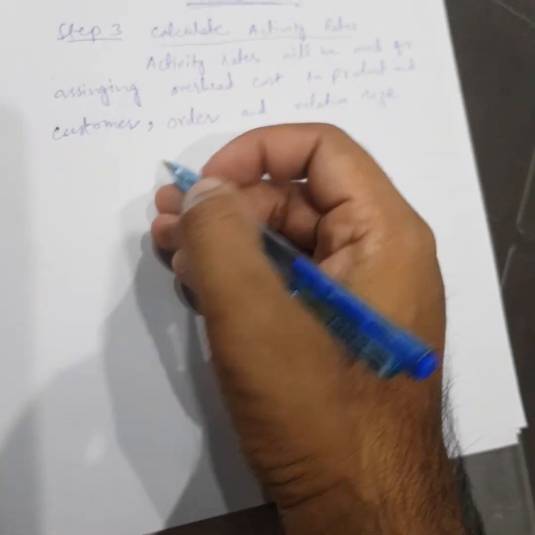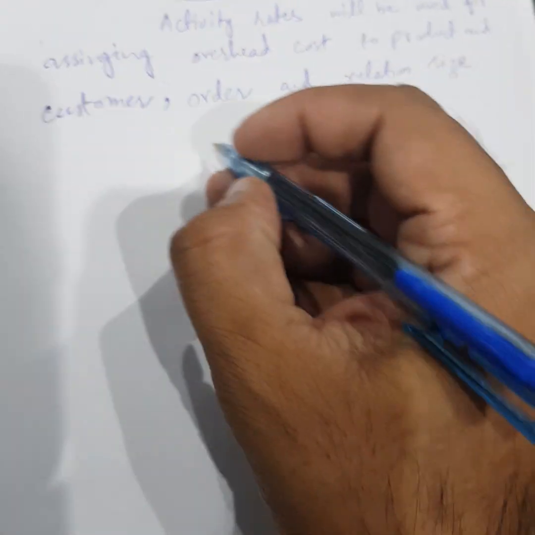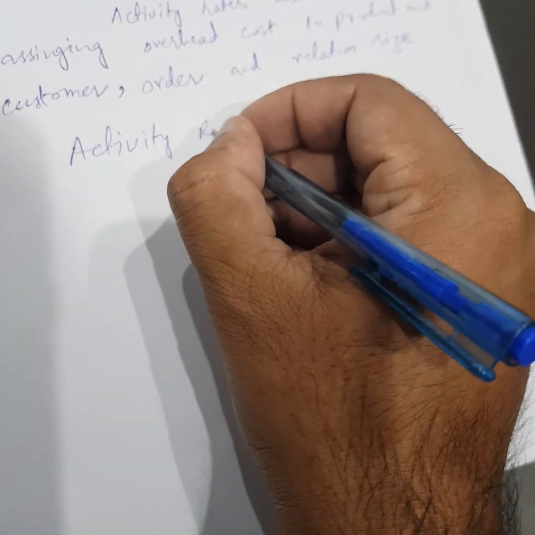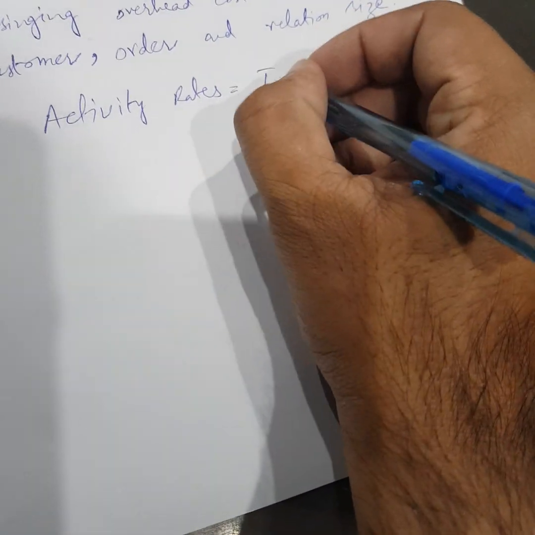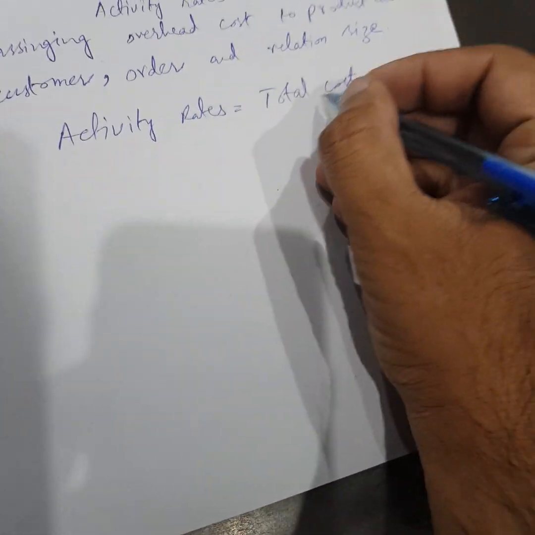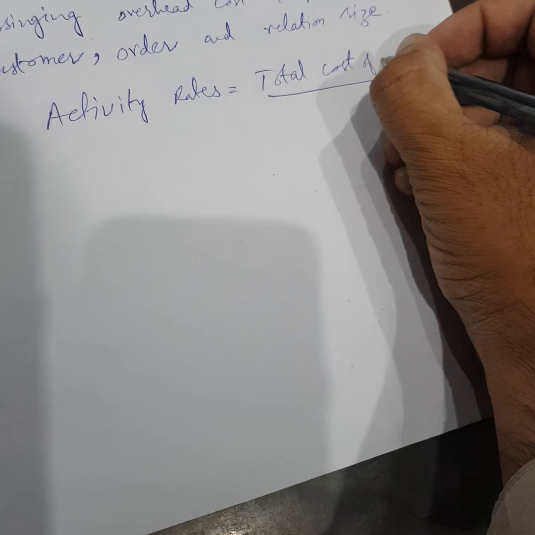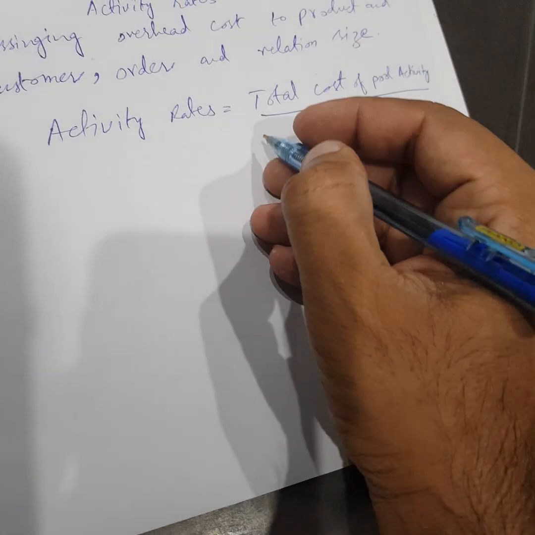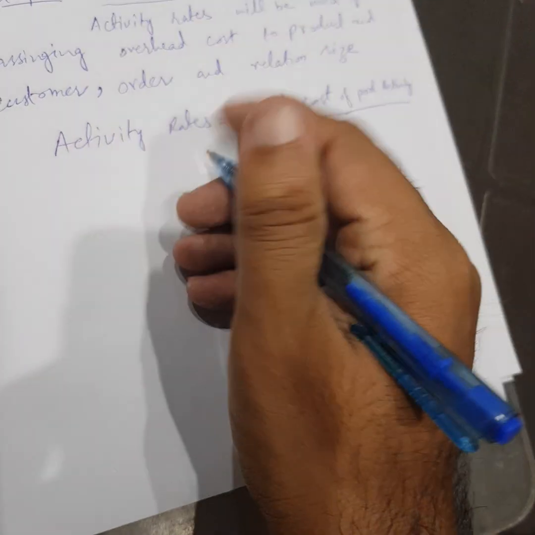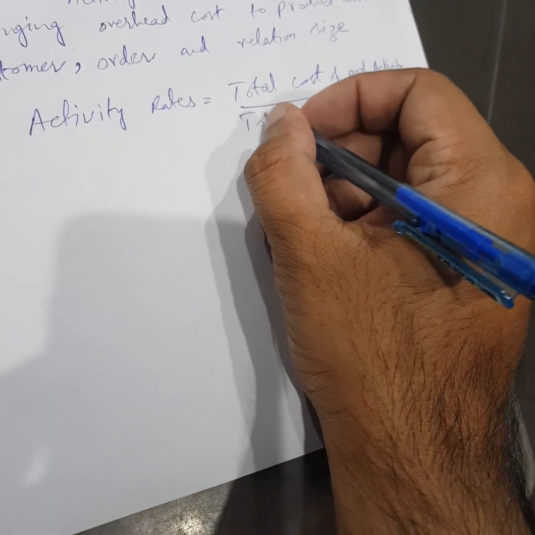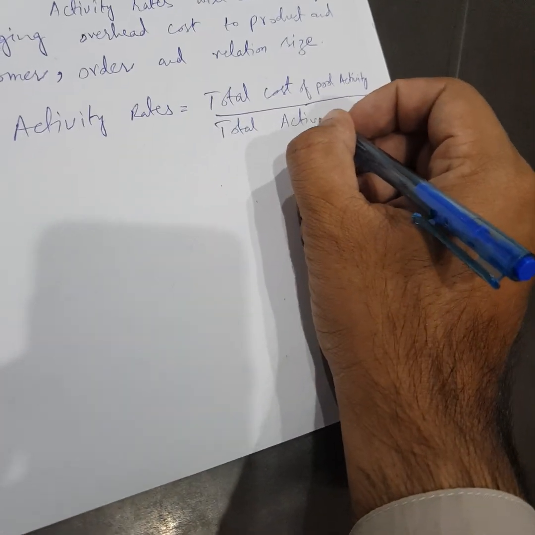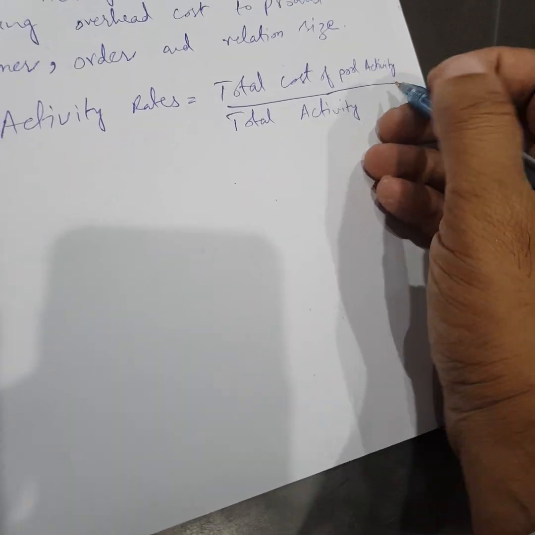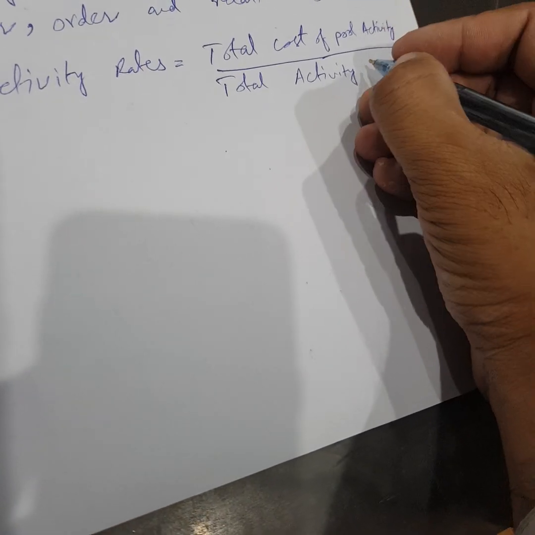It will be simply computed by total cost of the activity pool divided by total activity measure.